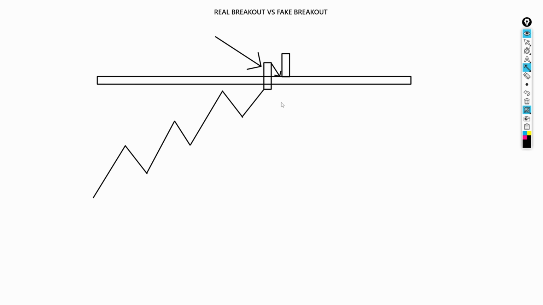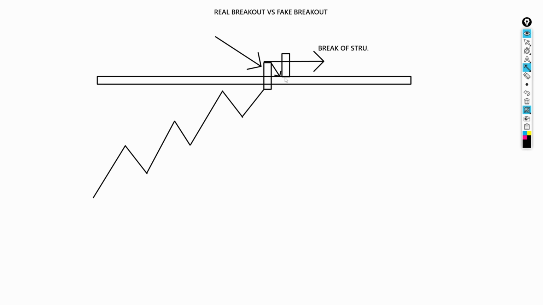It was not a trap, because once this candle broke the previous high, this is a clear case of break of structure. Once you have a break of structure, you now can go for a trade here, because this is a confirmation that yes, this is a real break of structure.